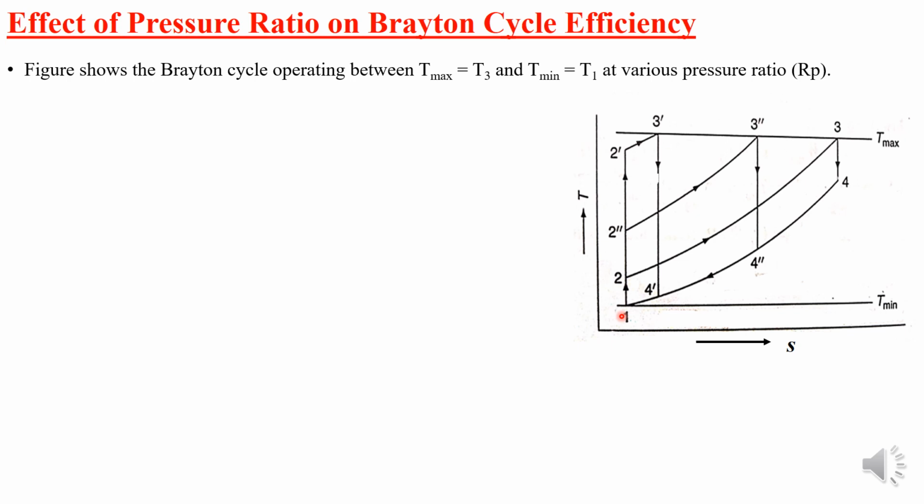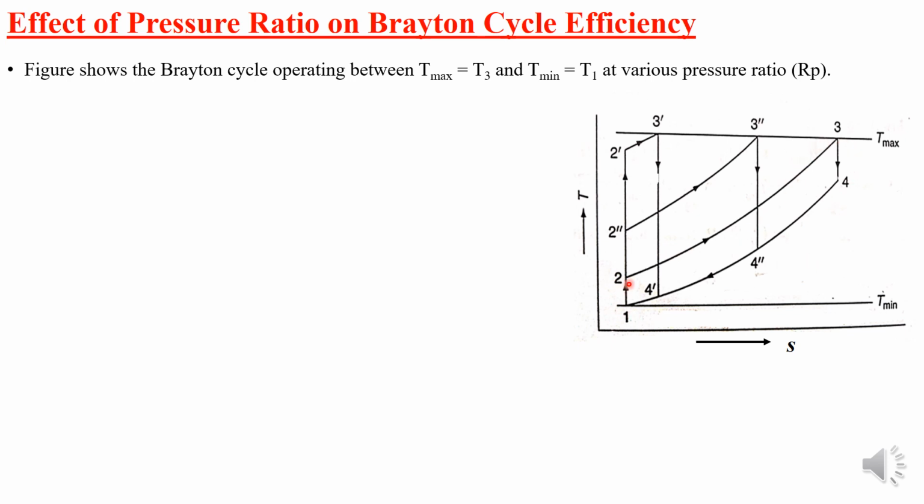Now if you increase the pressure ratio, how will it affect your efficiency? 1 to 2, 2 to 3, 3 to 4, 4 to 1 represents the lower pressure ratio.